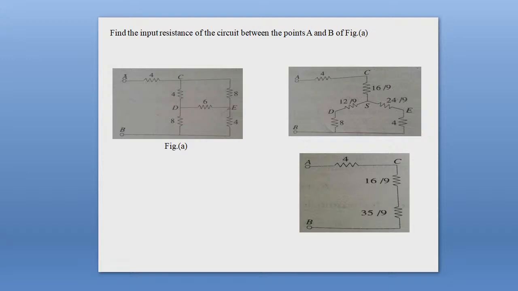The resistance between terminals A and B is equal to the sum of 4 ohm, because the three resistors are connected in series, 16 by 9 ohms and 35 by 9 ohms. So this is an application of delta to star network conversion in order to calculate the input resistance of a circuit.